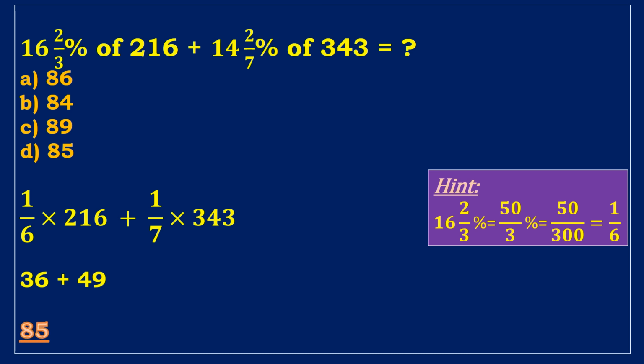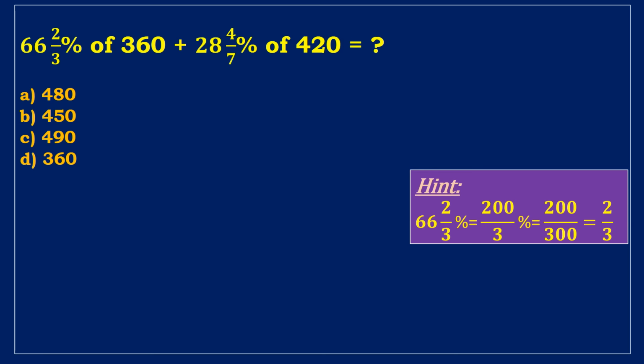The second example is simplifying 66 2/3% of 360 plus 28 4/7% of 420. The fraction of 66 2/3% is 66 into 3 plus 2 over 3 percent, or 200 by 3%, or 200 by 300, or 2 by 3.